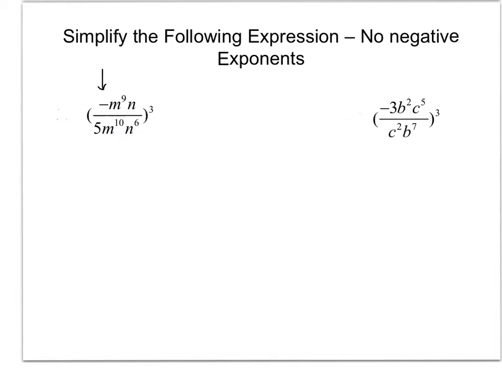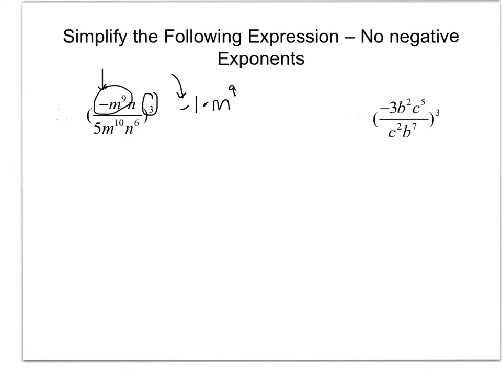So another way to look at just this piece is -1 times m to the 9th. If we look at the outside, I see this 3, and I know that any negative raised to an odd power, 3 is an odd number, is going to keep this a negative because we have negative times a negative times a negative, which keeps it negative.